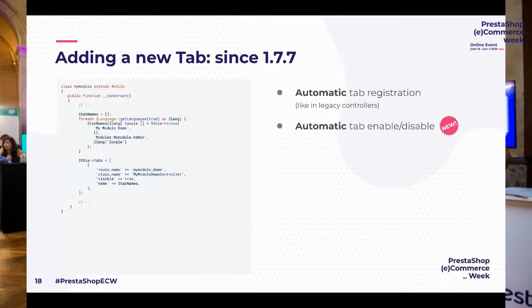So these are two things. The first one is automatic tab registration, which was already available for legacy controllers, and is now available as well for Symfony controllers. It's much easier now, and an all new feature, which is automatic enable and disable when you use this technique.